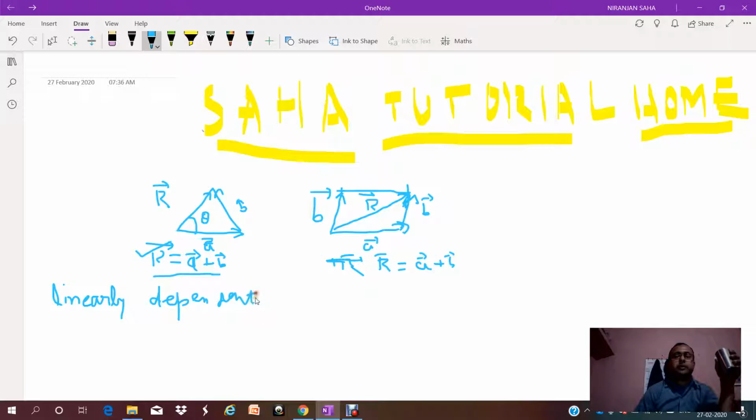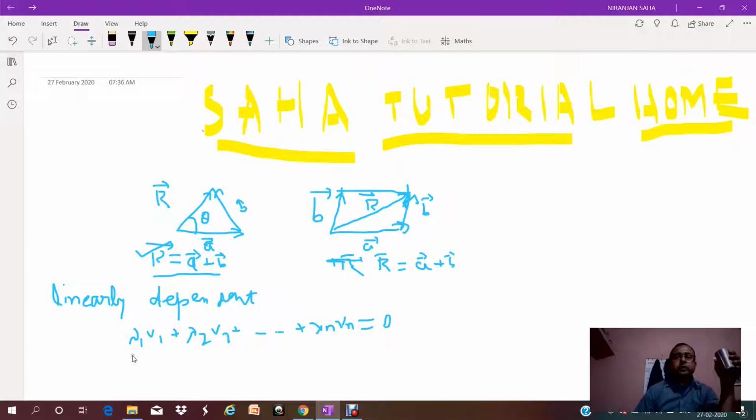A linearly dependent set of vectors is one where, with scalars not all zero, like lambda 1 v1, where v1 is a vector, plus lambda 2 v2, and so on up to n vectors and n scalars, we get the summation equal to 0, the zero vector.